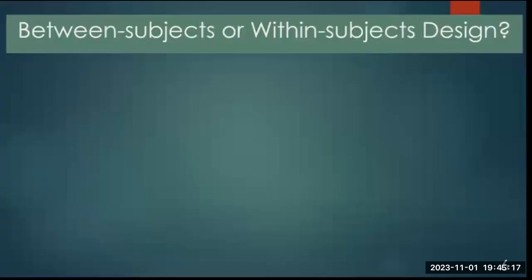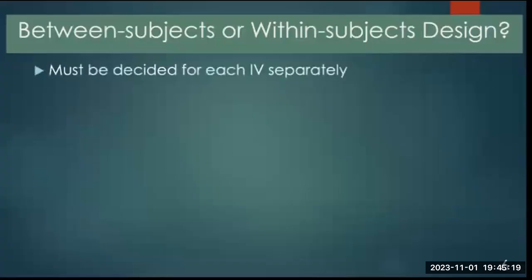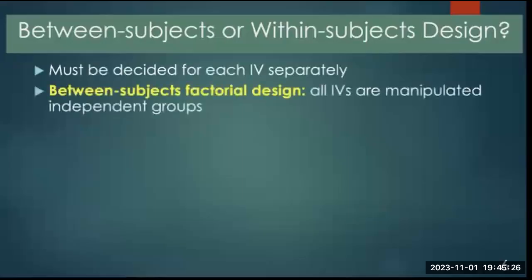So when we're talking about a factorial design, it becomes even more complicated because you have to decide it for each independent variable separately. So, for example, if we have a fully between subjects factorial design, that means all the independent variables are manipulated in independent groups. There are different people in every single condition.